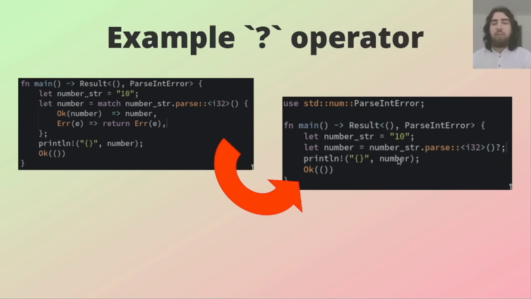Then we'll just print out the parsed number, and then we return a unit type, because remember we are here returning a result, meaning we have to also return OK variant in case of success. But again, because we are in main and this would be the end of the program, we don't return any meaningful value, we return a unit type.